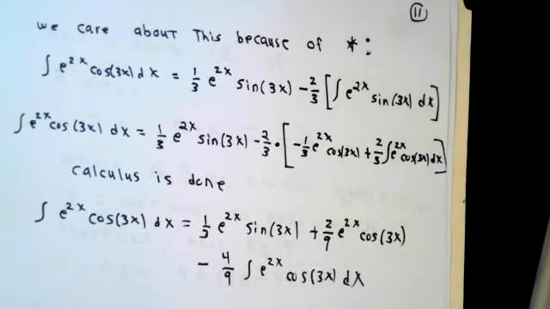And now hopefully everyone will see there is no more calculus to do. There is no more trigonometry. It's pure algebra from now. The thing that I'm after is something that I know minus 4/9 times the thing that I'm after. This ought to be a fairly easy equation to solve.